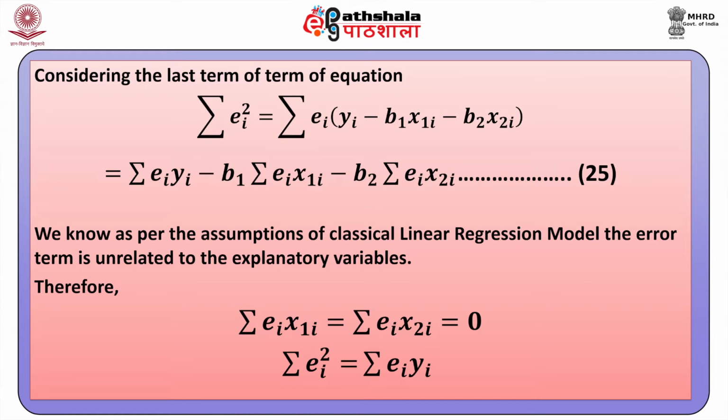Considering the last term of the equation, sigma Ei square is equal to sigma Ei into (yi minus B1 x1i minus B2 x2i).